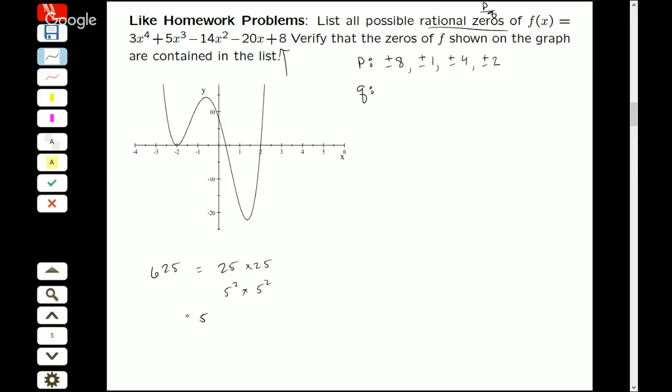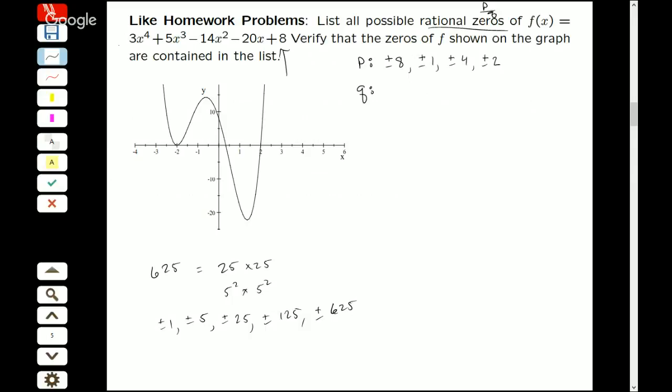So you're going to have plus or minus 5, plus or minus 1 there, plus or minus 25, plus or minus 5 times 5 is 25, times 5 is 125, and then plus or minus 625. Only 4 options. It looks horrible, but it's really not that bad.